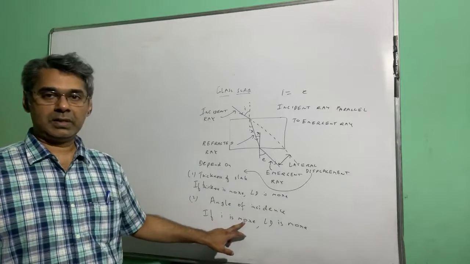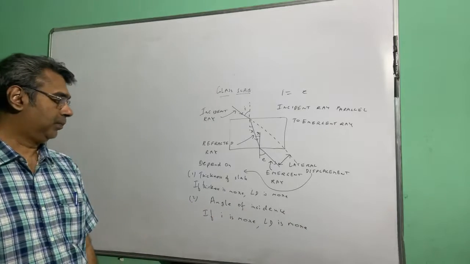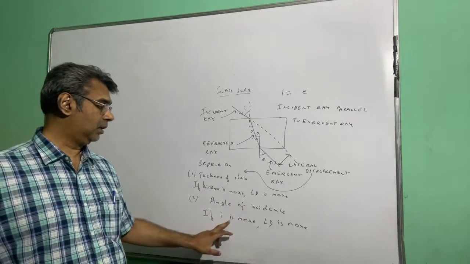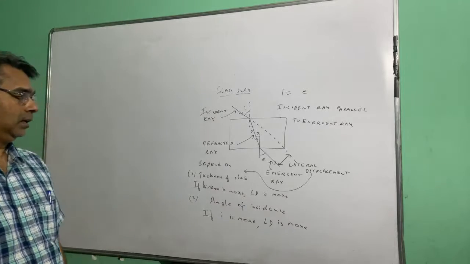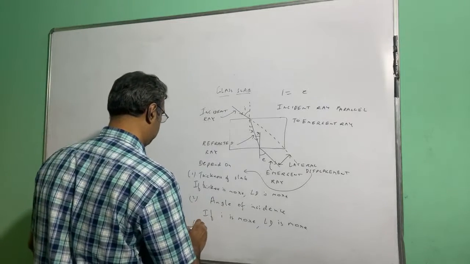If angle of incidence is I, obviously, so if I is more, the lateral displacement will be more. So it depends on angle of incidence. If angle of incidence is more, then the lateral displacement will be more. That is number two.